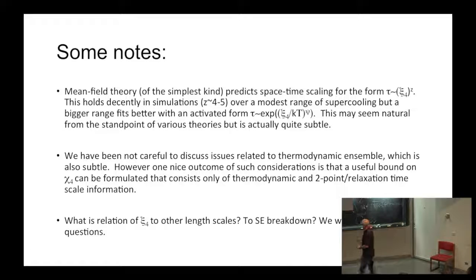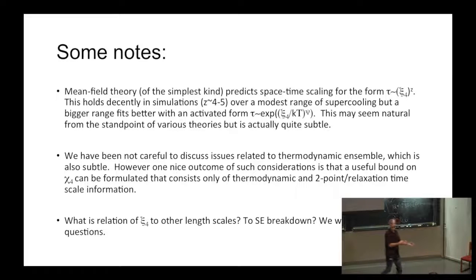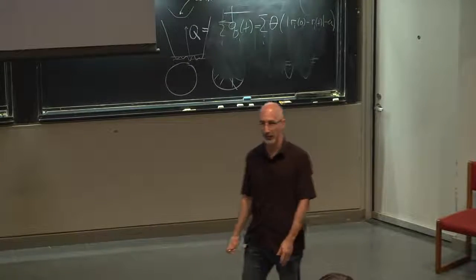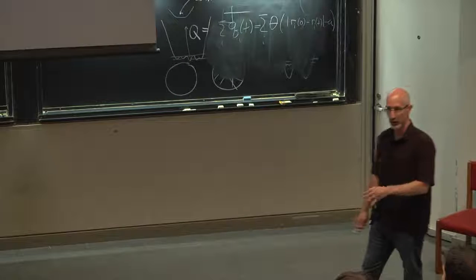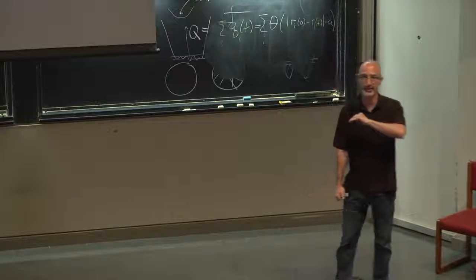I'm not going to talk about it, but what this does is it leads to a bound that is useful because basically the fluctuations from one ensemble to another can be written in a piecewise form where one of the terms is basically related to very, very simple information like 2-point correlation functions and the derivatives of those correlation functions or those relaxation times. And you can show then if you just take that piece, that actually is an upper bound on the susceptibility itself.